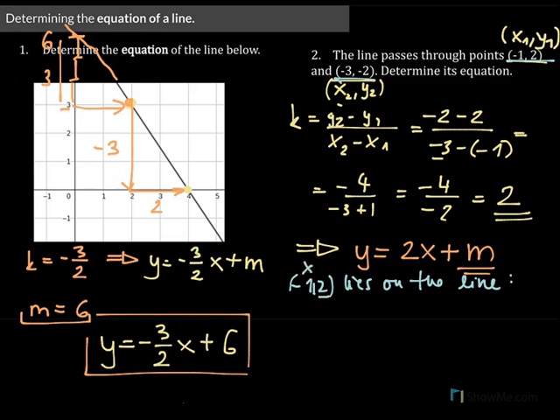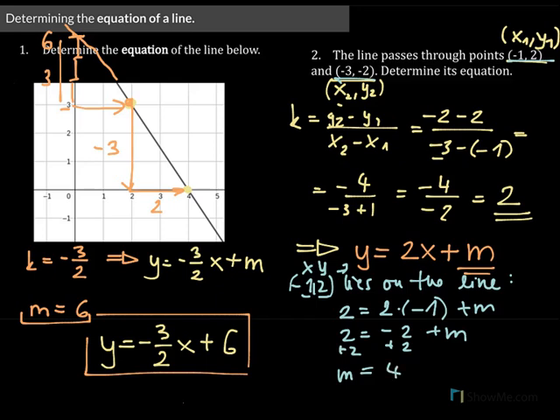This is my y coordinate, this is my x coordinate, and I will plug them into my equation in order to find m. So 2 is equal to 2 times -1 plus m. 2 is equal to -2 plus m. Now I'll just add 2 to both sides. m is equal to 4. And from here, my equation is y is equal to 2x plus 4.